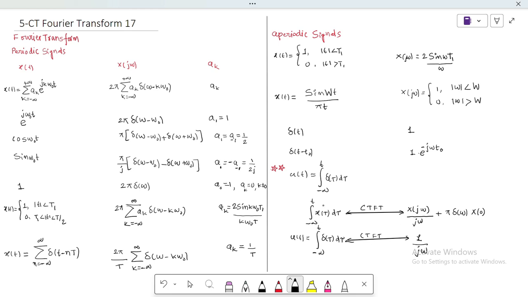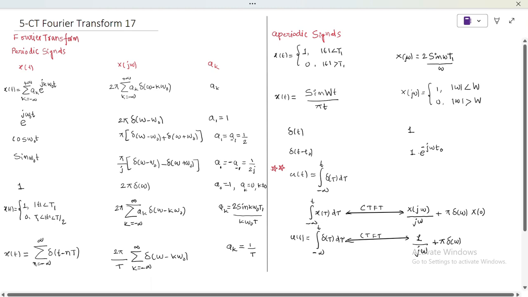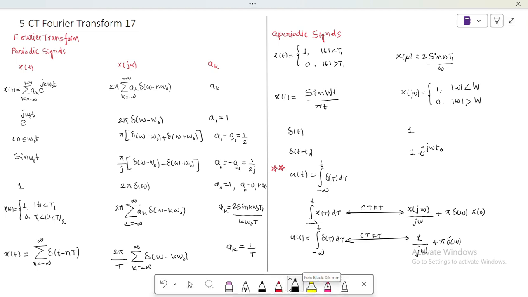Same, it should follow this formula. So if here we take x of j omega, x of j omega is nothing but the Fourier transform of x of t. Here del of t Fourier transform equals 1. See, x of j omega equals 1, so automatically x of 0 is also 1, is it? So this is the Fourier transform of the unit step function.